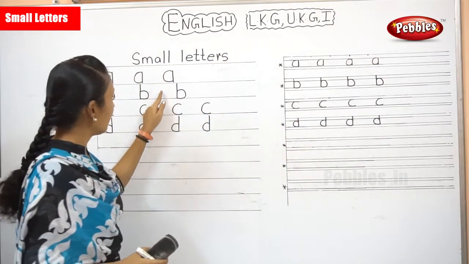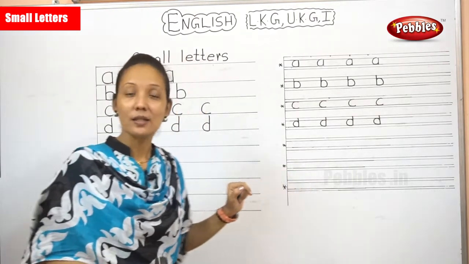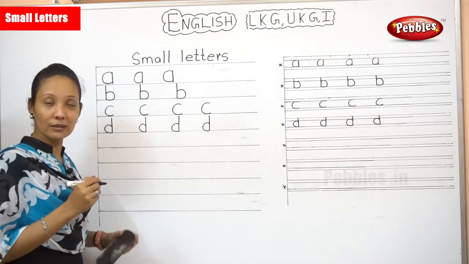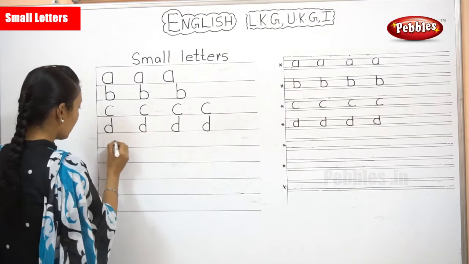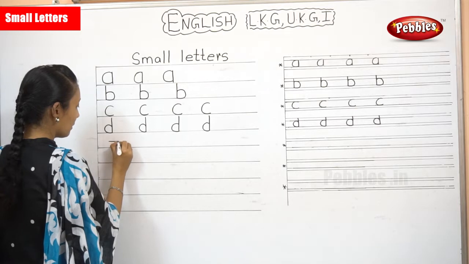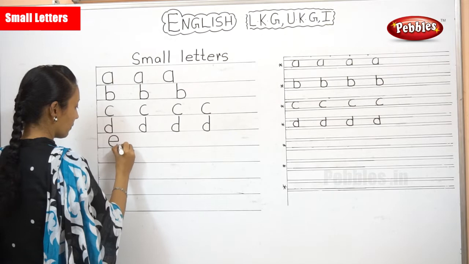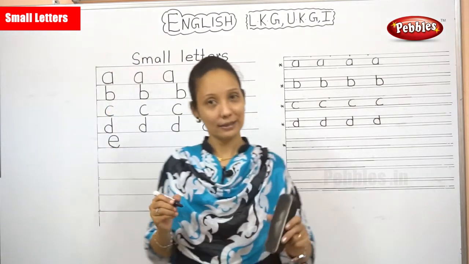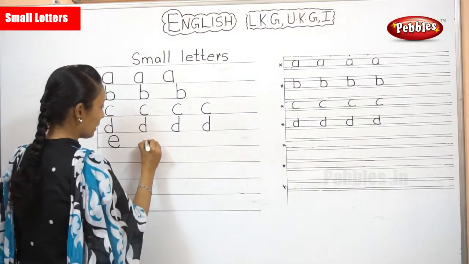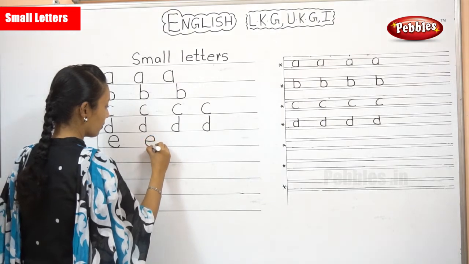Now, after A, B, C and D, your next alphabet is E, small letter E. So children, did you learn to write sleeping line, your stroke? Yes. Now, your E is, you draw a sleeping line, go up and come down. This is small letter E. Once more I will show you a sleeping line, go up and come down.